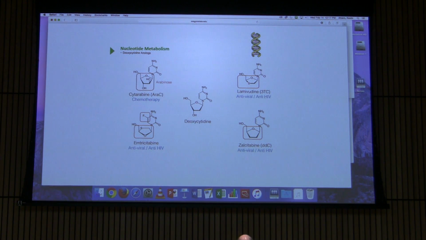So the idea is that you can specifically target the HIV polymerase, called reverse transcriptase, and hopefully have very little effect on the normal cellular polymerase. That's the strategy used in a lot of the anti-HIV drugs that are out there. Okay, questions on that before we move on?